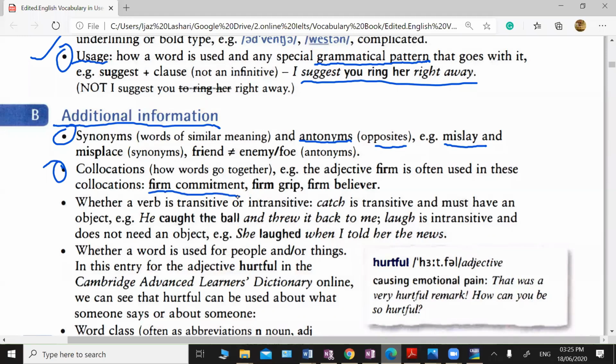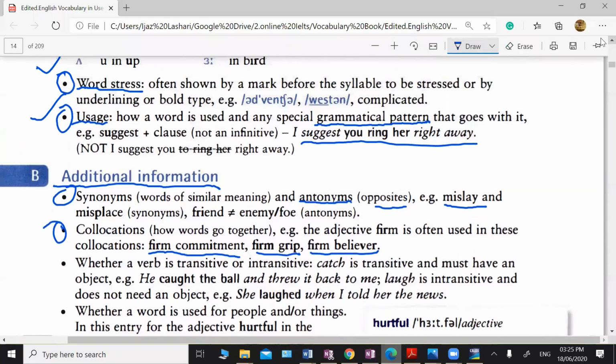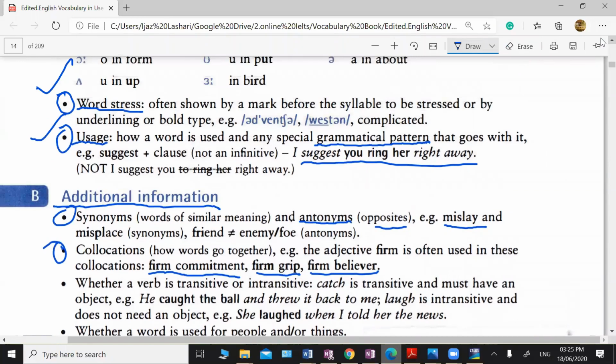Firm means strong. Firm grip, you hold something strongly. Firm believer, you believe in something very strongly. These collocations you also see from your dictionary. So now you can see, while you are looking for one word, but when you look at a dictionary which is from English to your native language, I'm afraid you will not be able to see all these things.